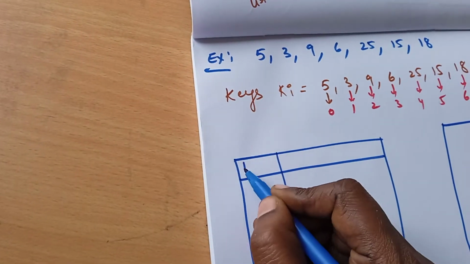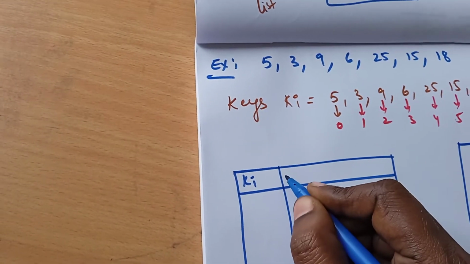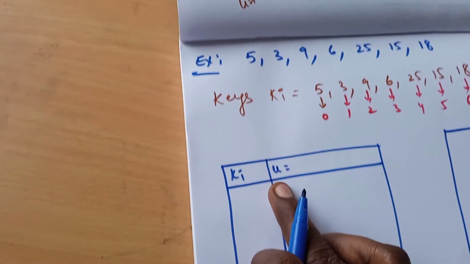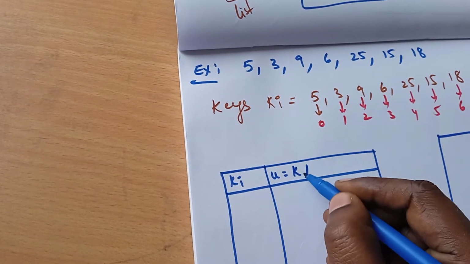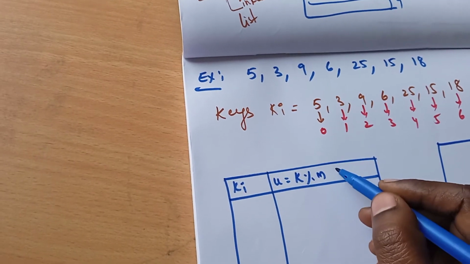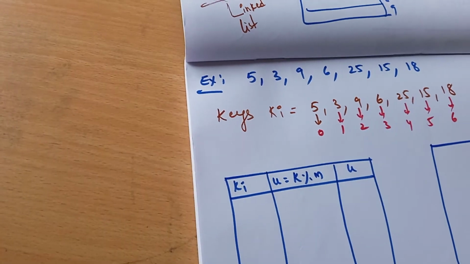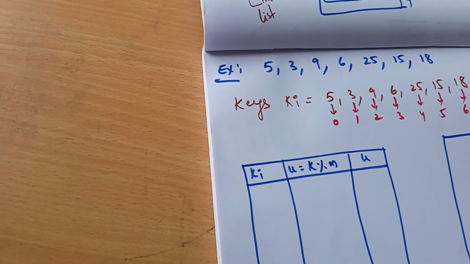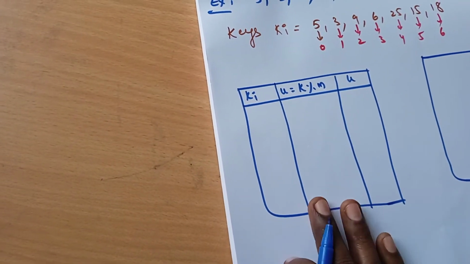This will be for implementing the hash function. Hash function: my keys ki, and to evaluate the hash function, which gives the result of location, u is my location. How to get the location? That is evaluating the hash function, which is k mod m. And from this we will get the location, which is u. So this is my hash function. This table is respective to implementing the hash function.